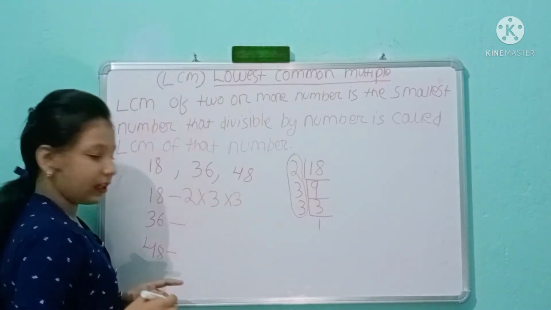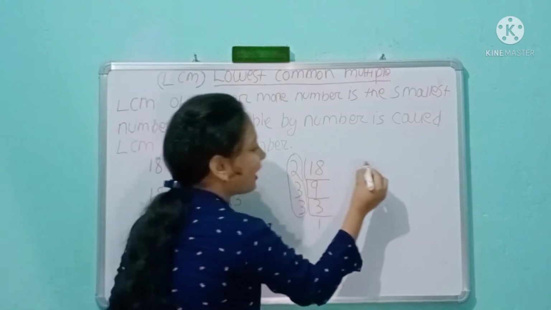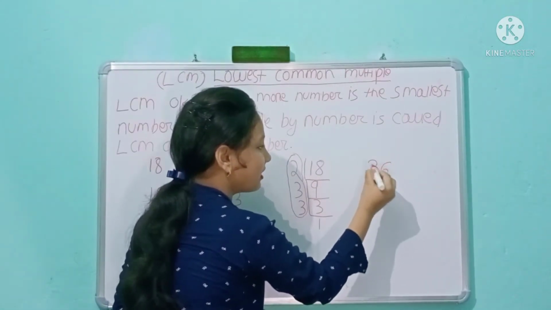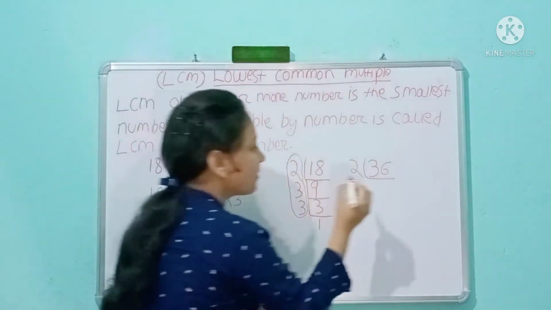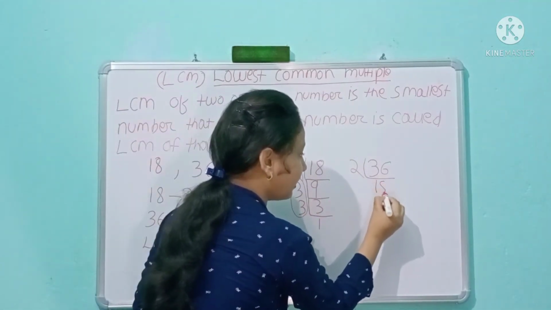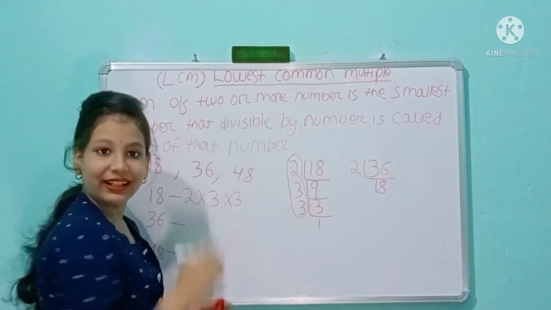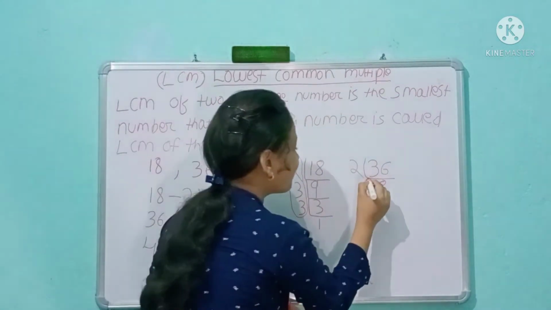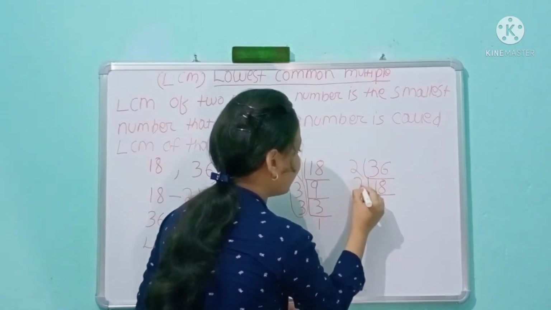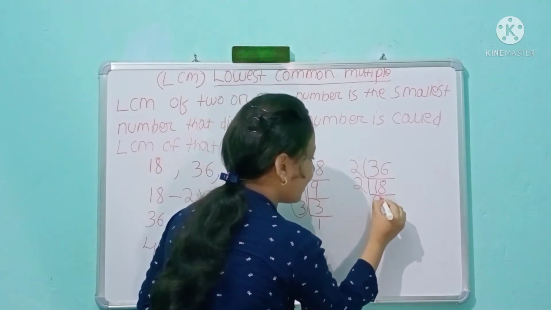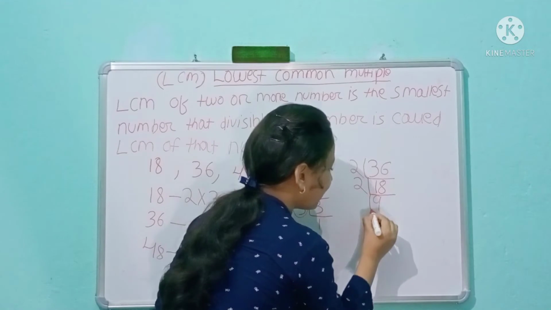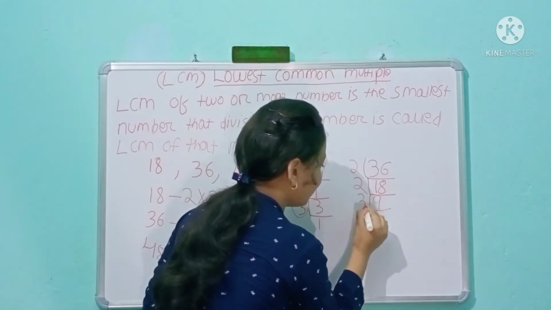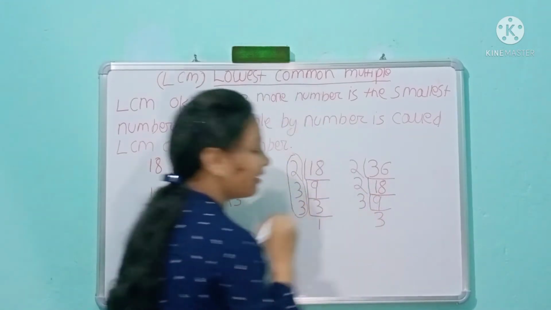Clear? So then 36, I write here 36 divided by 2. Here is 18, 2 18s are 36. Clear? Then divided by 2. 2 9s are 18. Clear? Then divided by 3. 3 3s are 9.